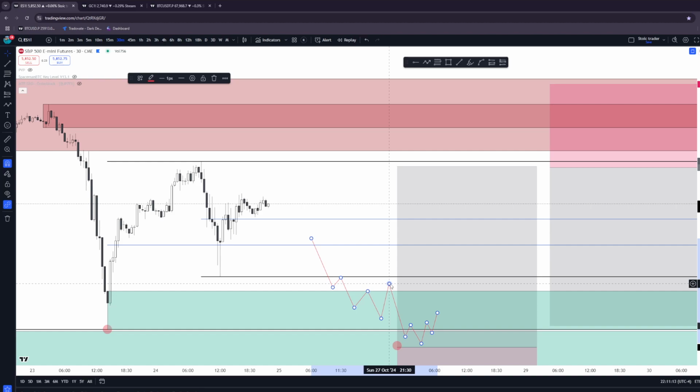And are there times where you do get a break of structure and then they give you a false breakout and it breaks back down? Yeah, it happens. It's not a 100% thing. But we know that the odds are in our favor that if we do get the break of structure, the chances of it coming back into the range are higher than it coming back down and sweeping again.